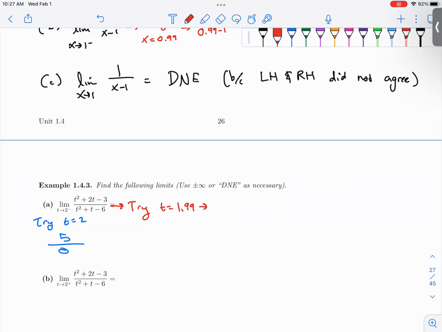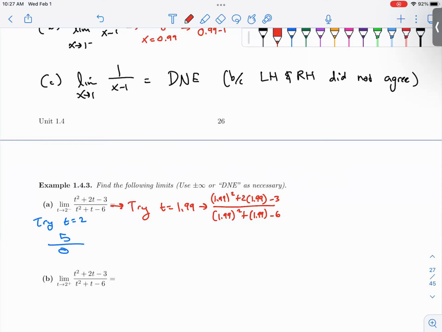What we'll get is 1.99 squared plus 2 times 1.99 minus 3 over 1.99 squared plus 1.99 minus 6. By the way, if you just try t equals 1.99 and write down what the number is, that's sufficient. I don't need you to show me the calculation. You're not doing that calculation by hand, I guarantee it.